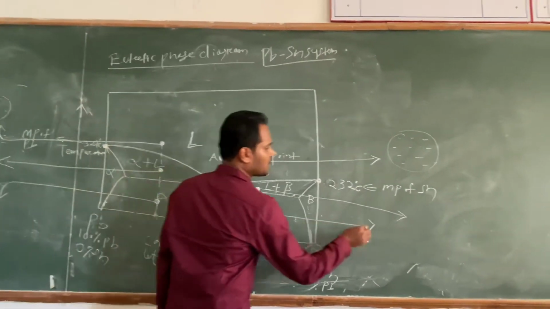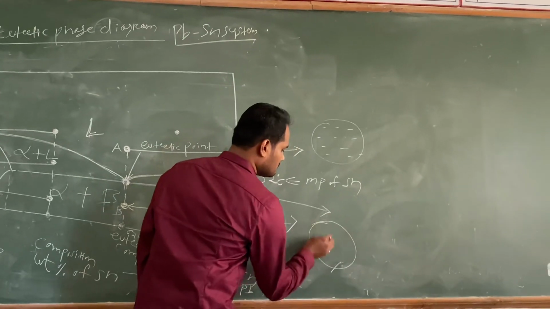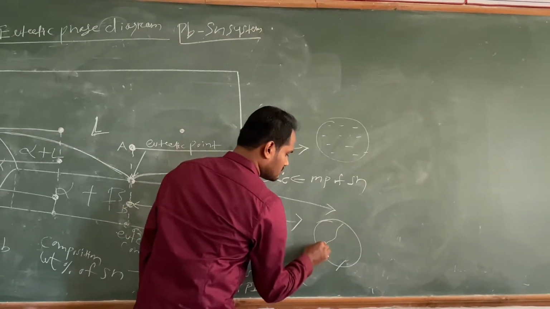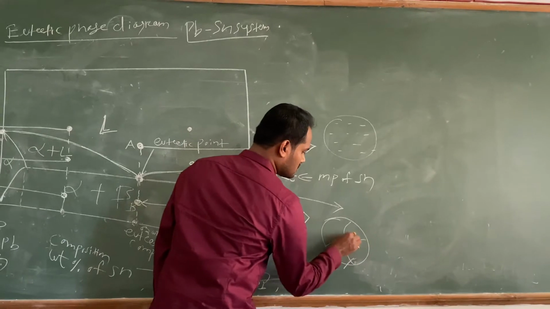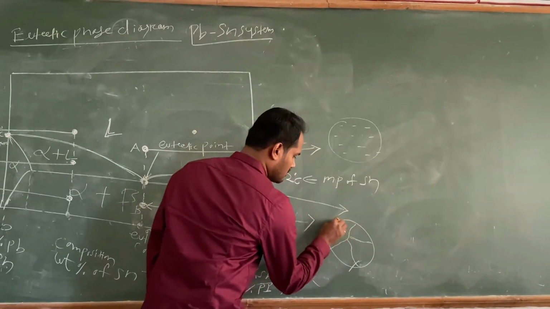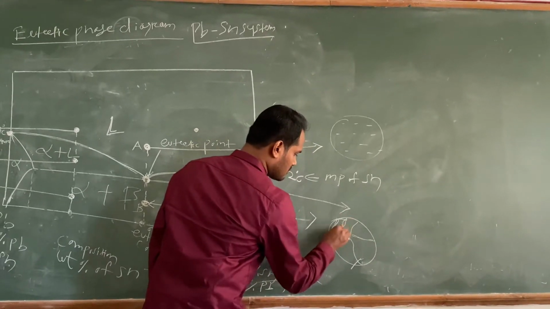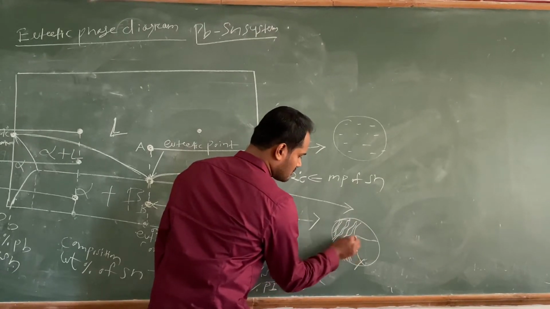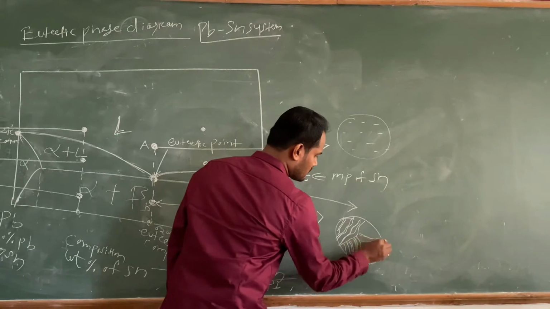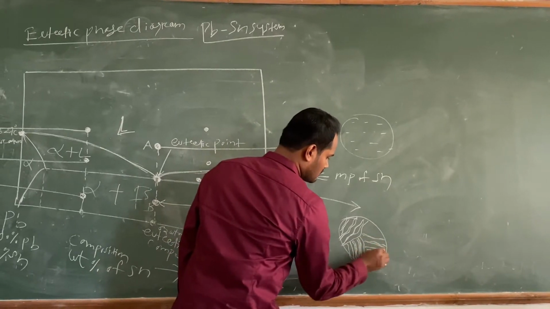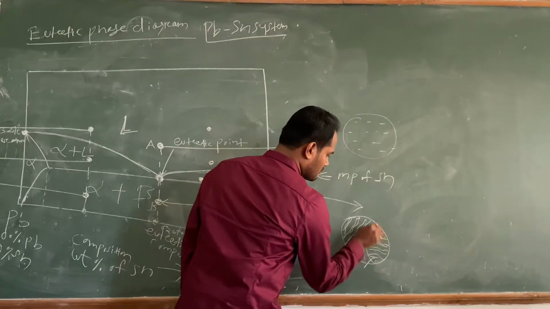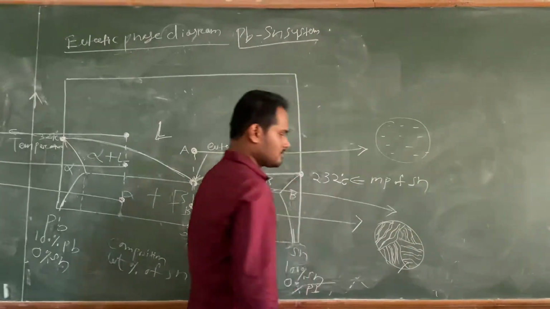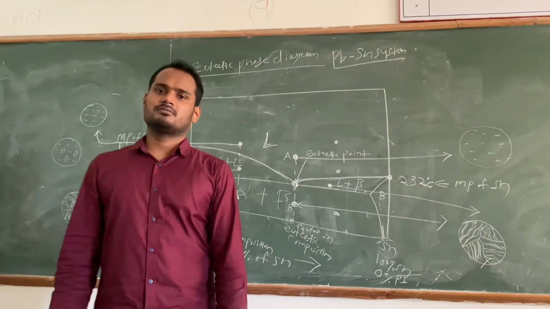At this point I will have alternate layers of alpha and beta. One layer is alpha and the other layer is beta.